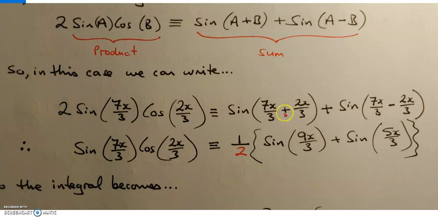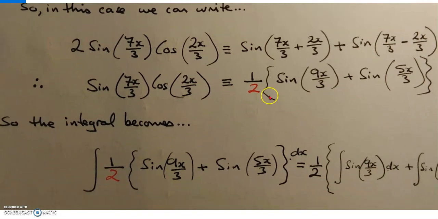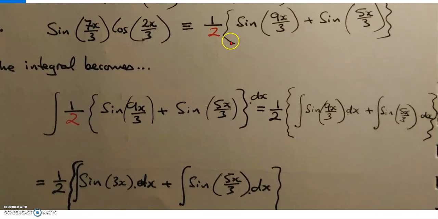Don't forget, I can only add them like that if these denominators are the same. And here, when I go 7x over 3 minus 2x over 3, I get left with 5x over 3. So there it is. That's the thing I'm now going to integrate. So the integral becomes this fearsome looking thing here.